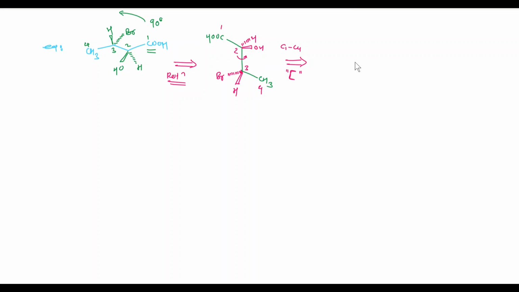After rotation in the anti-clockwise direction, CH3 stays as it is for carbon number 4. But after rotation, this CHO will become here, and the positions of these two substituents will change. The positions of bromine and hydrogen stay as they are.